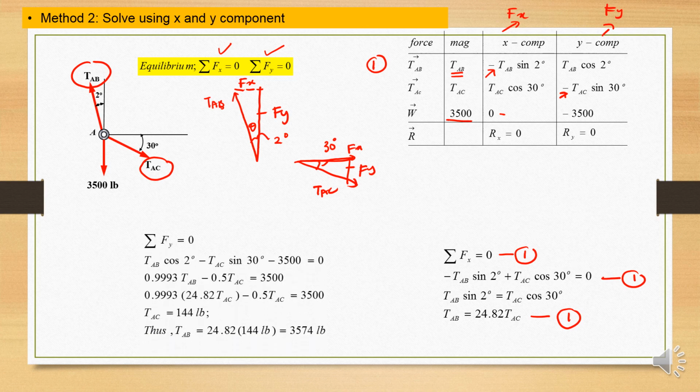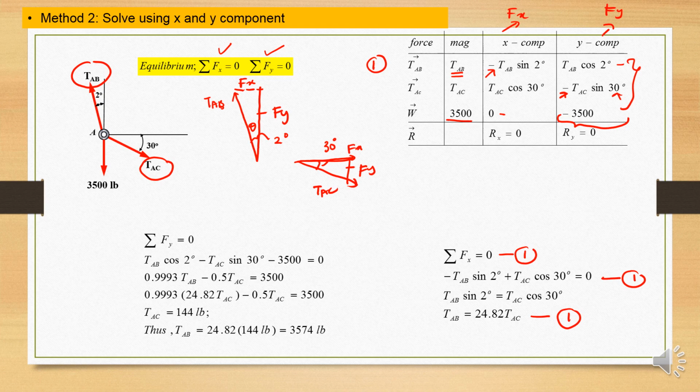Now take a look at Fy equals 0. We get it from the values along this column. So Fy equals 0 involves TAB cos 2 degree, this one, and then TAC sine 30, which is this one, and then minus 3500 because it is a negative value.